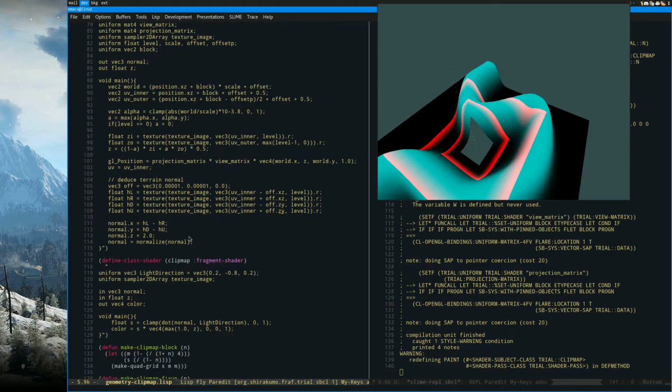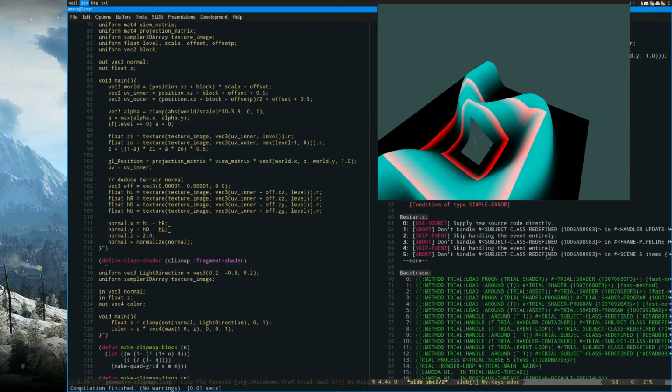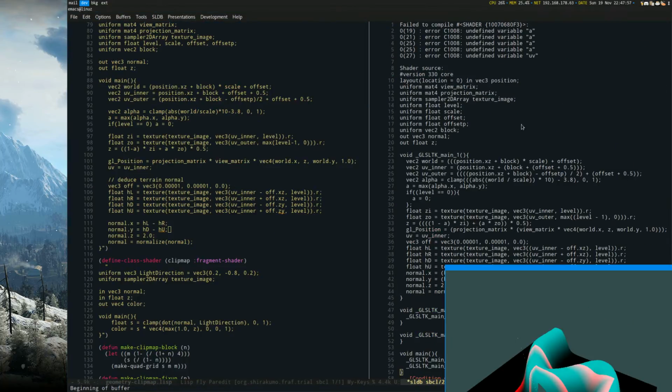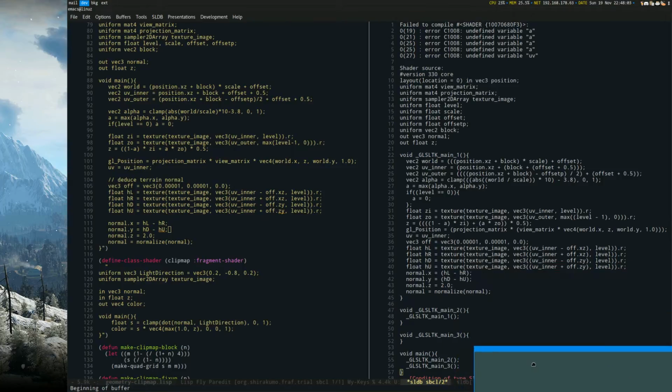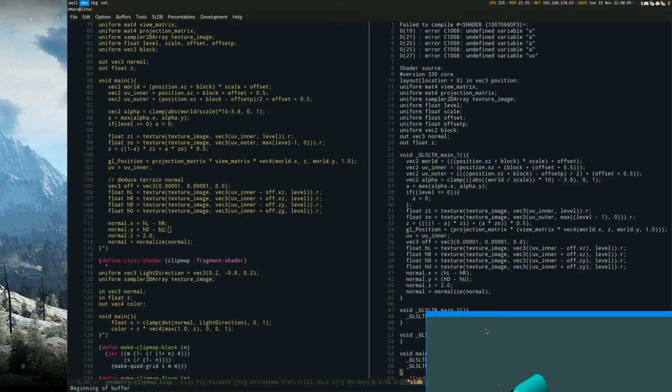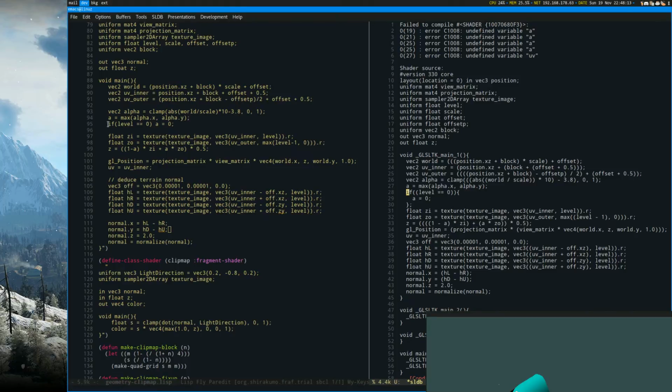And now... crashes. And find variable A. What are you on about? Where am I using a variable A? Oh, because... okay.